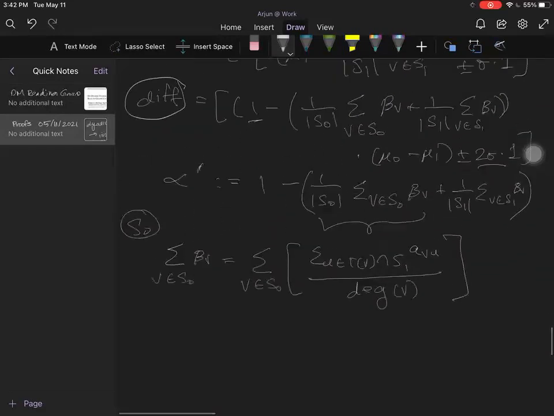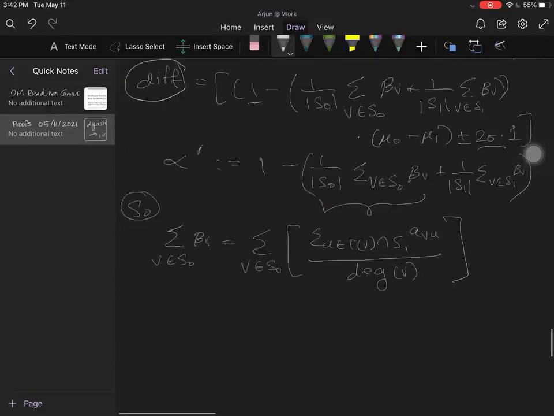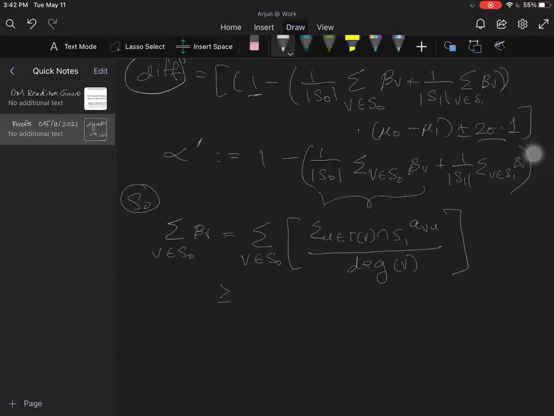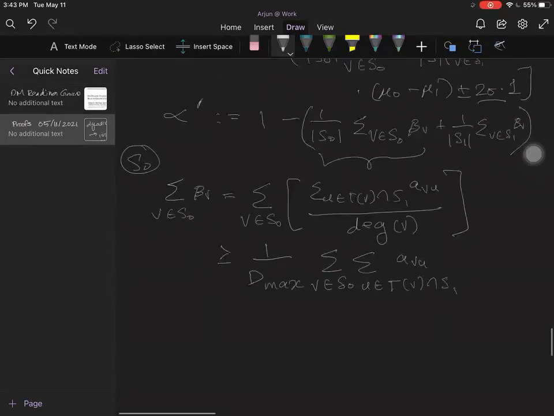And if you recall, previously we had defined a D max, which is the maximal degree. So we can say that this is greater than or equal to, we can pull out this maximal degree. And now we have two sums, with the term being A_VU.